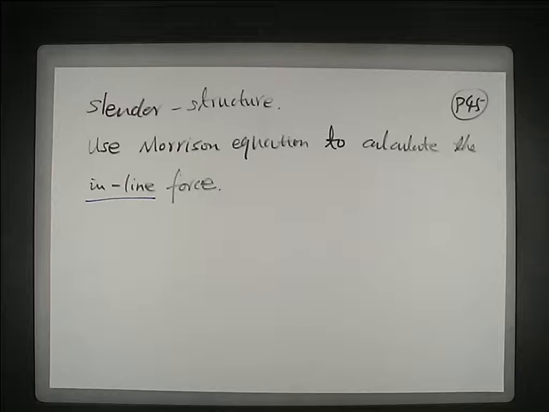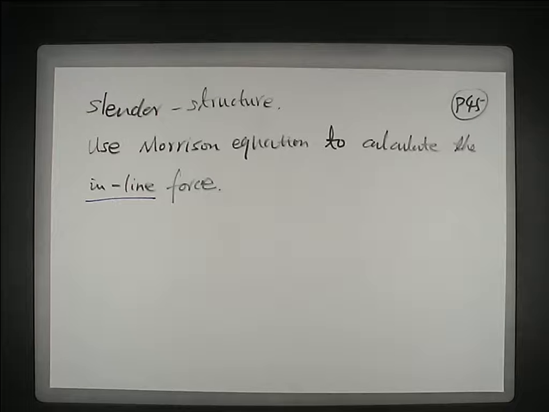If the fluid travels in this direction, that is the inline direction. Any direction perpendicular to this is the cross direction. I remember we explained this when we studied vortex. So it is only used to calculate inline force.